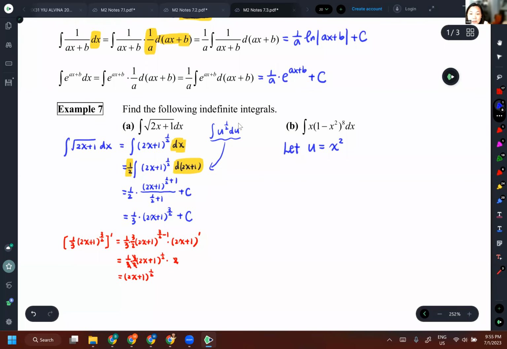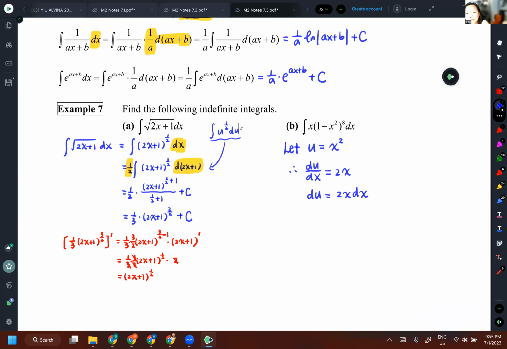Now, because u equal x squared, therefore du dx equal 2x, that's the differentiation, okay? And then I will change du to 2x dx. Is that okay?